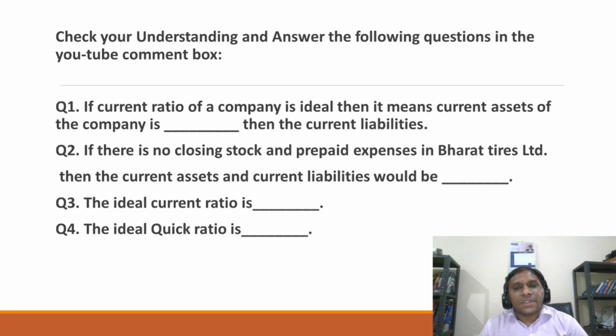Dear children, this chapter is important because in the board examination, questions are asked from this topic. Secondly, both the theory and practical examinations consist of ratio analysis. Even Viva questions are asked by the examiner.